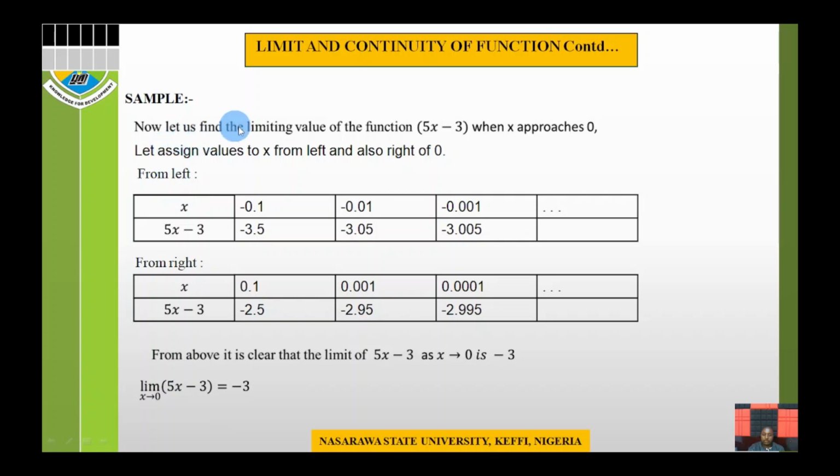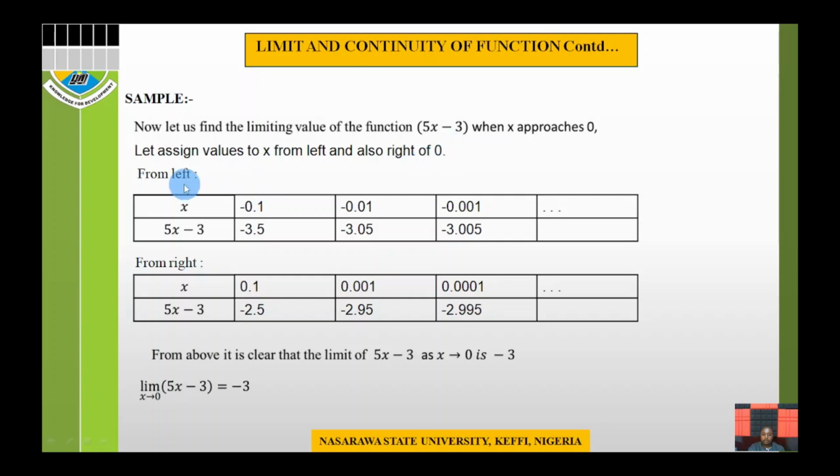Now let us find the limiting value of the function 5x minus 3 when x approaches 0. That means our f of x is defined by 5x minus 3. Let's assign values to x from left and also right of 0.